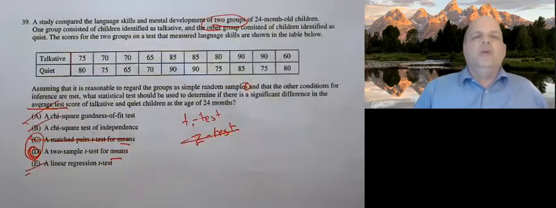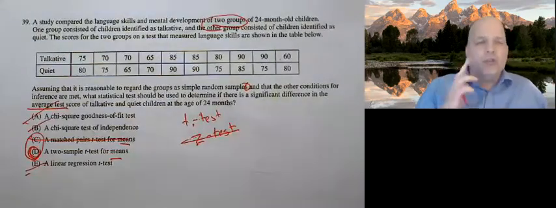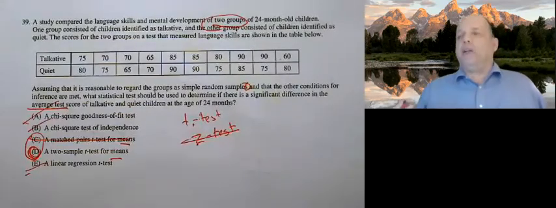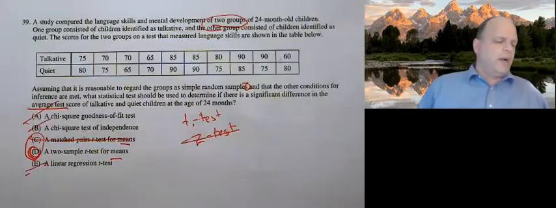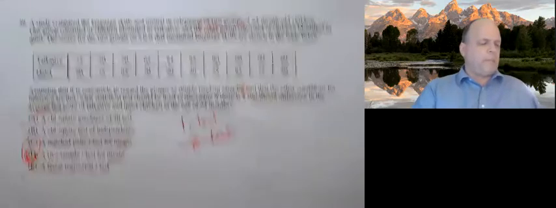I have multiple samples, in this case, 2 samples. Remember, in a paired test, we have a before and after situation. Something is tested twice, whether it's the pair that was tested twice or the individual was tested twice. Here, we have 2 separate groups, so 2 sample t.